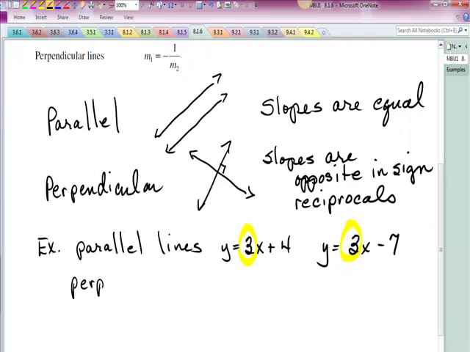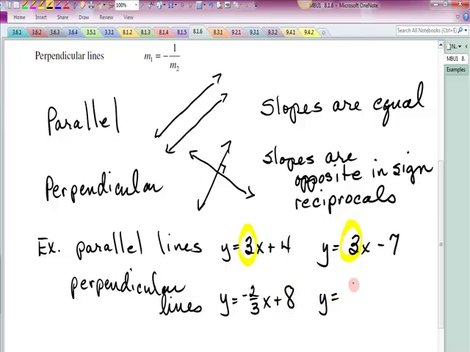Perpendicular lines, suppose we have y equals negative 2/3 x plus 8, y equals 3/2 x plus 4.